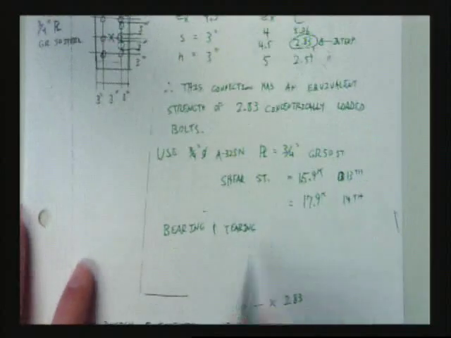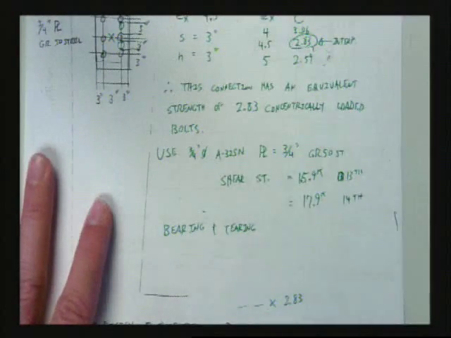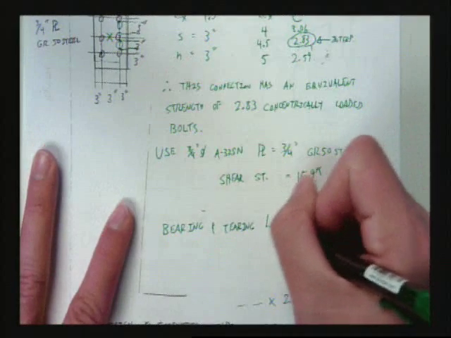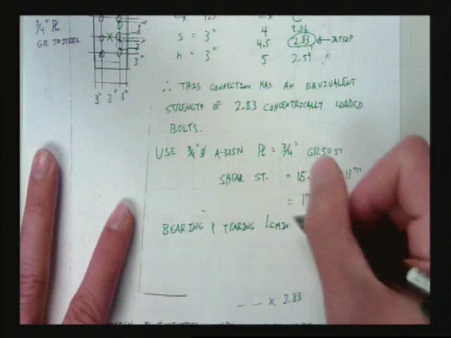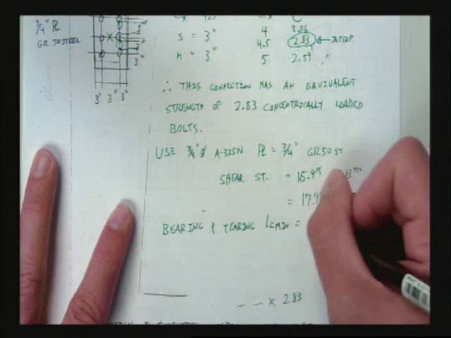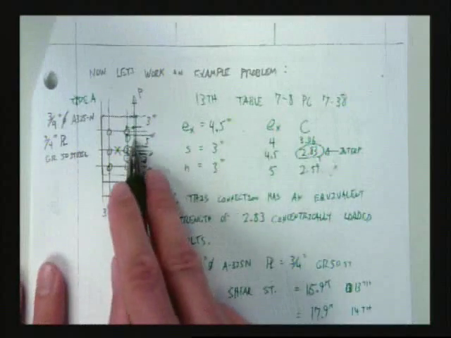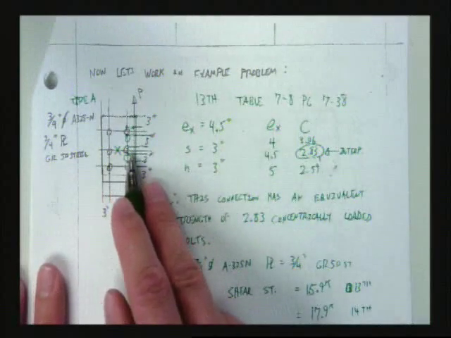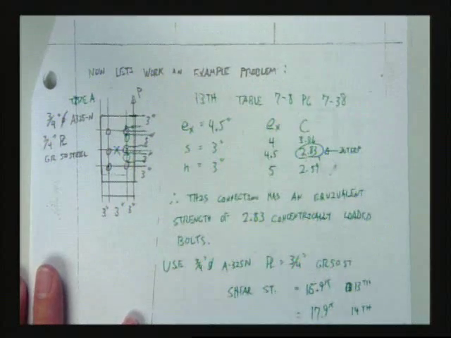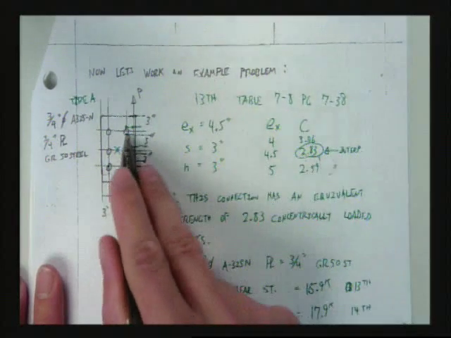Okay. So, we're going to take our L sub C min, which is equal to 3 inches. That's the spacing. And how many bolts am I going to subtract out? 1. There's a half a bolt on here and a half a bolt here, 1 whole bolt.